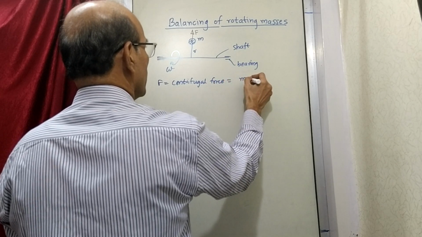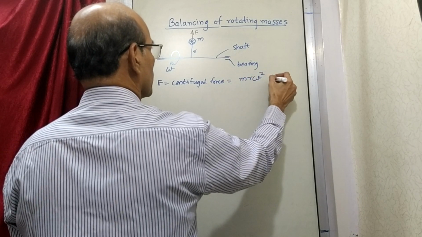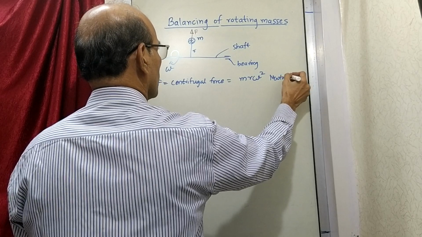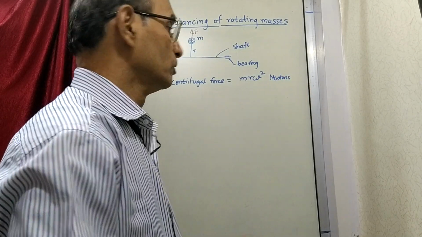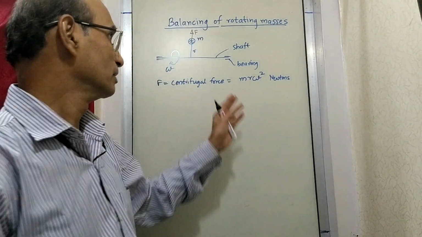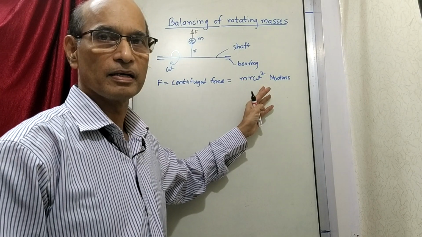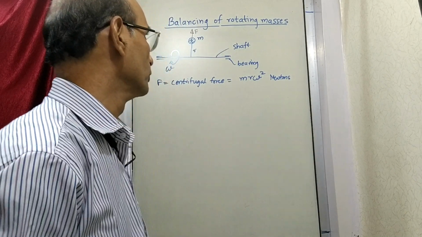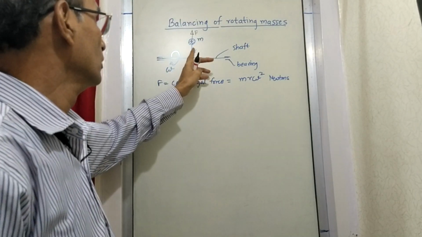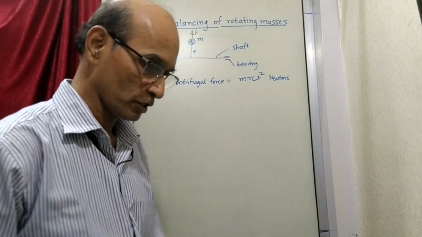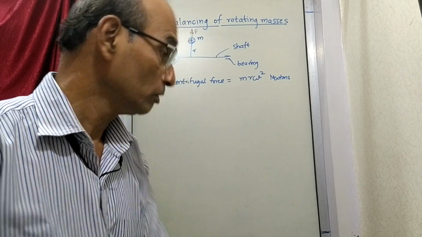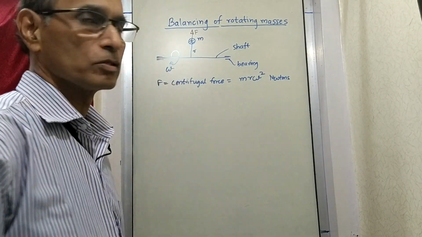And this is given as m r omega square in newtons. So mass in kg, r in meters, and omega in radians per second. So that is going to give you the centrifugal force, which makes use of the parameters shown there, m, r and omega. This all of us know.